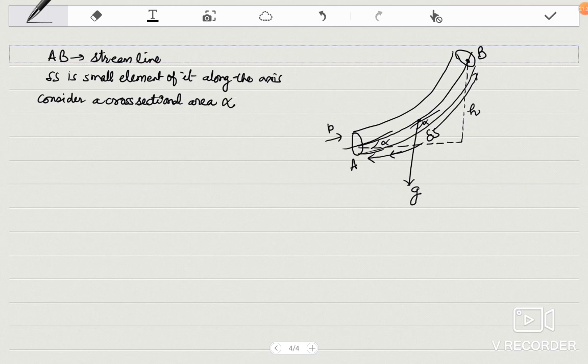This alpha is different from this alpha, so you may take some other notation for it. Cross-sectional area, say beta. Now Newton's law says that rate of change of momentum is equal to total forces applied.